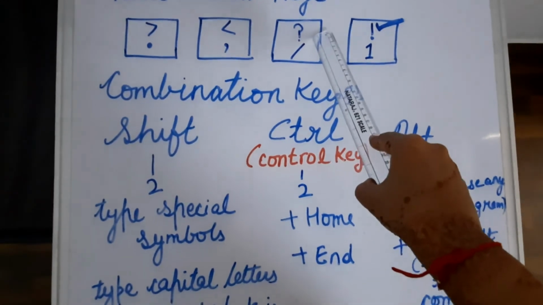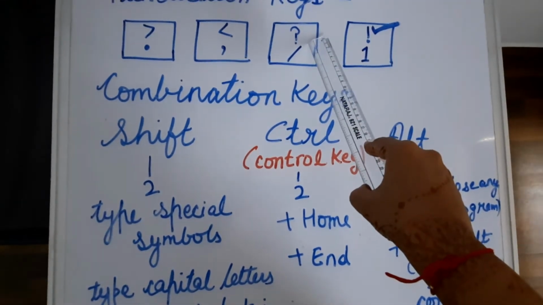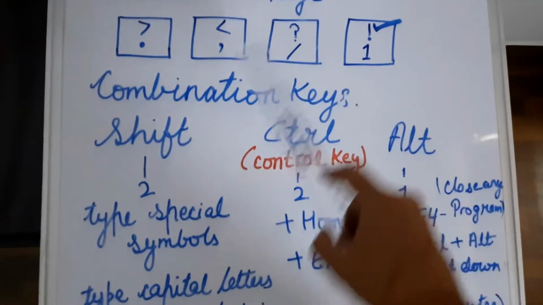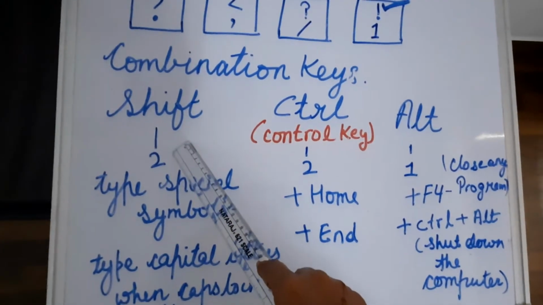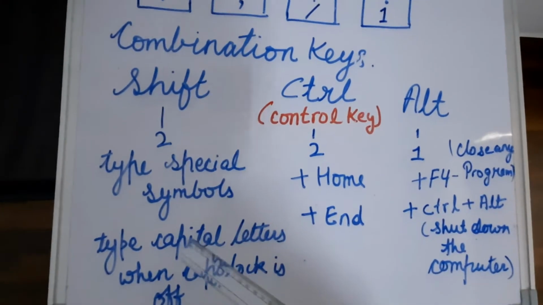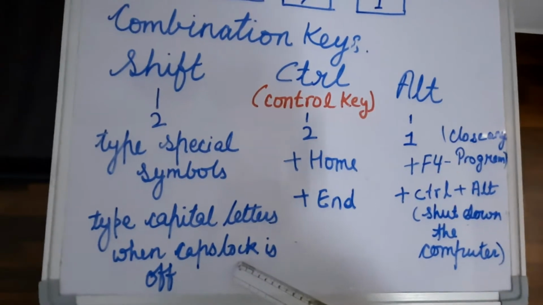So to type the special symbols which are written on the top of the key, we use the Shift key.